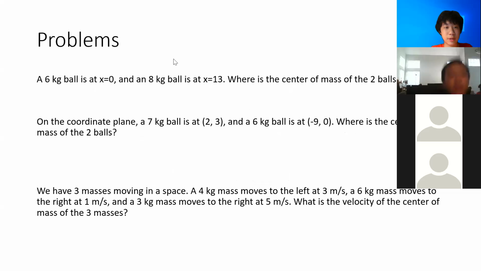All right, let's do these three problems here with the center of mass. These shouldn't take that long. They're just direct applications of the formula.